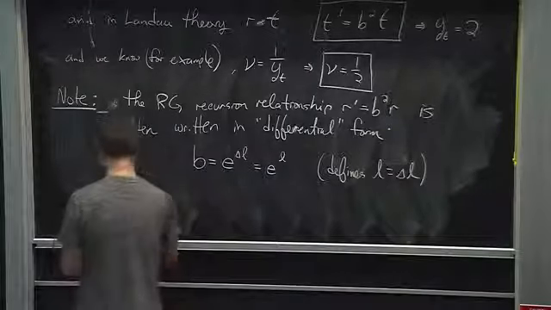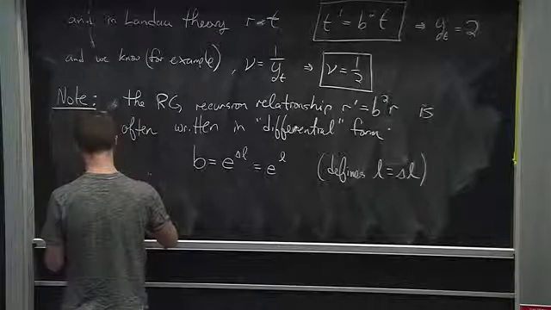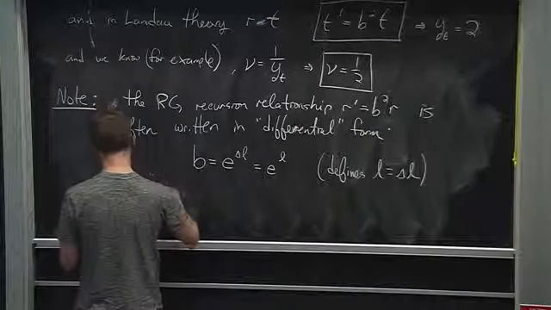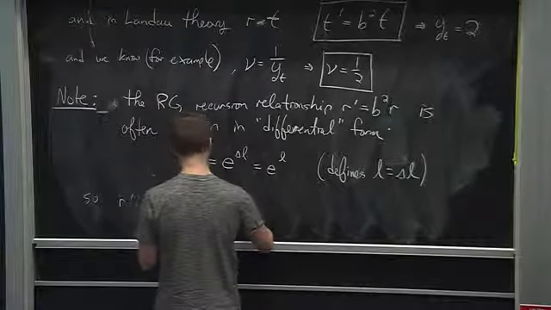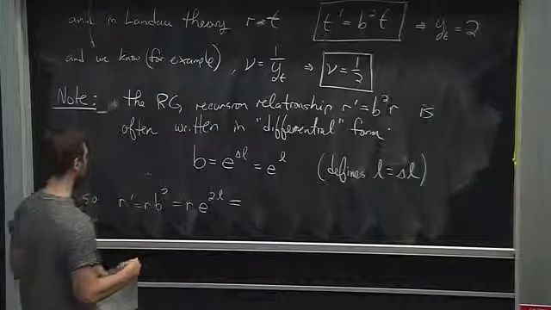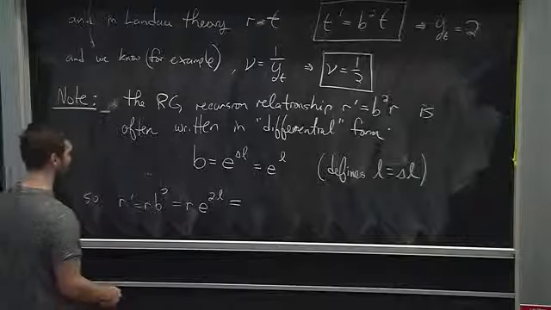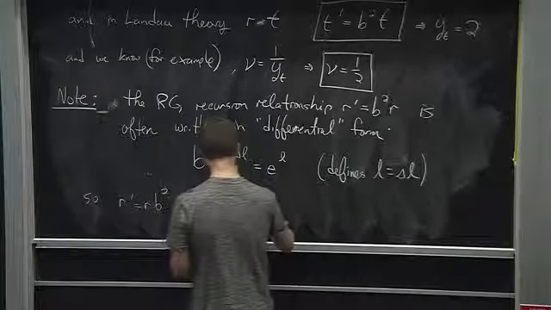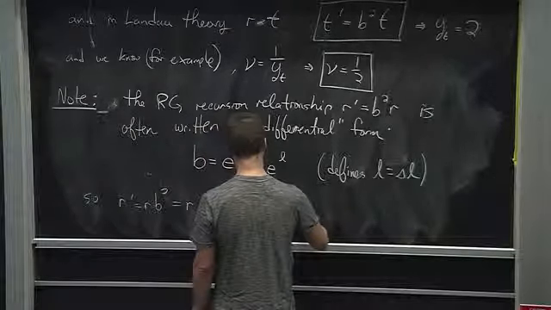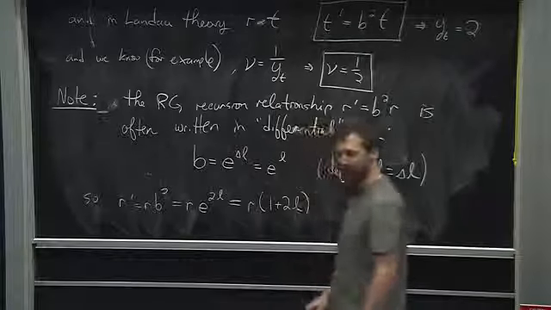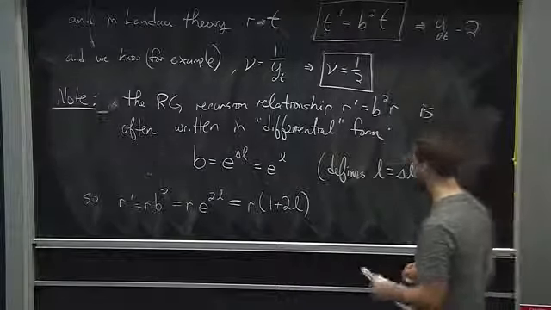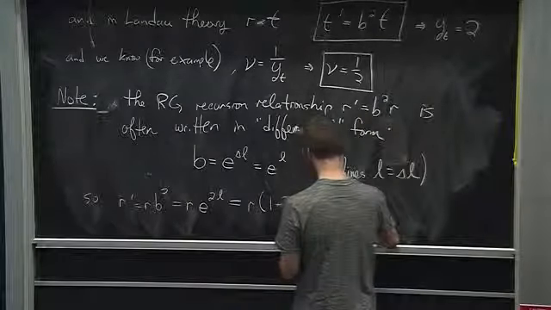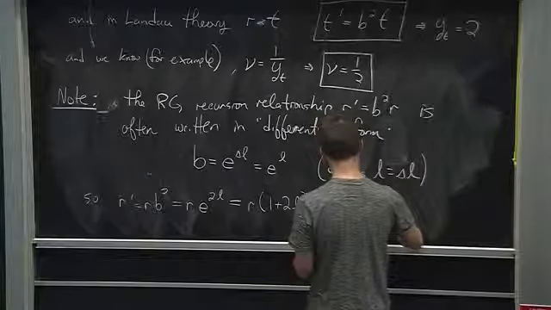So r prime, r to the e to L in our case, and I would expand that exponential, just linearizing everything, making that delta L small. So that lets you define a derivative.